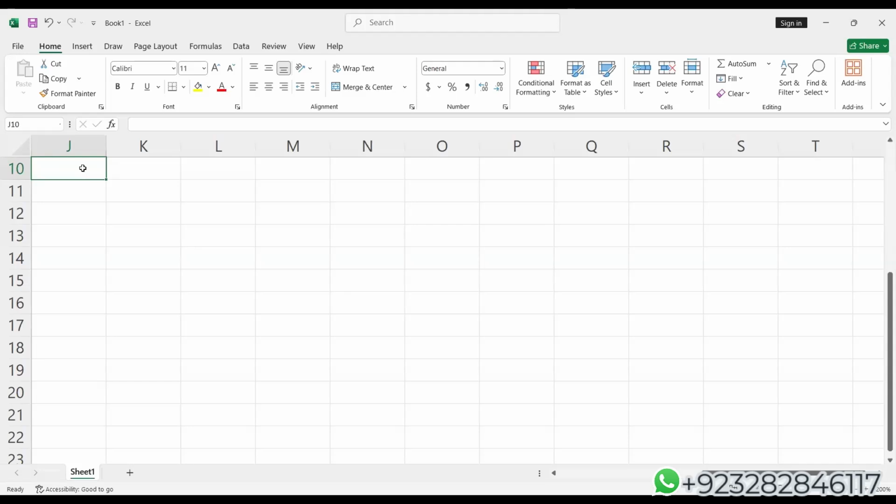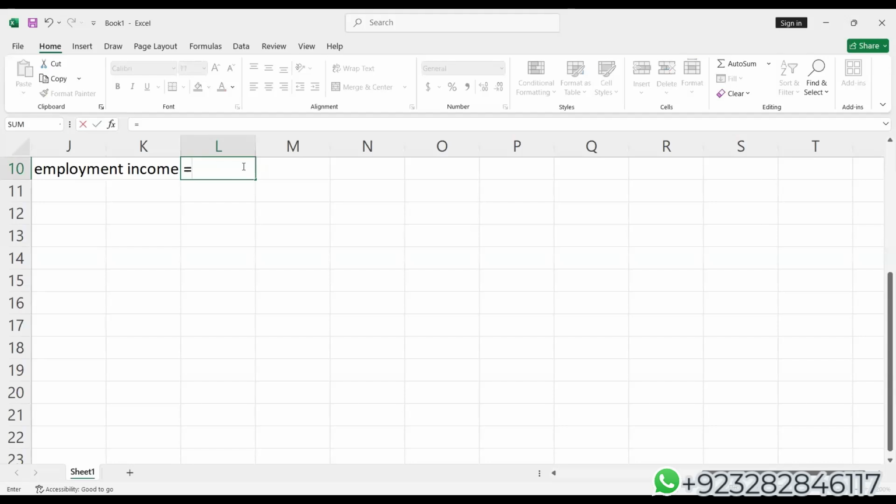For example, let's say employment income is assuming 60,000. Let's take it very simple, and I just need the income tax liability.